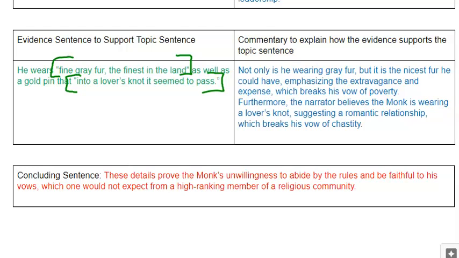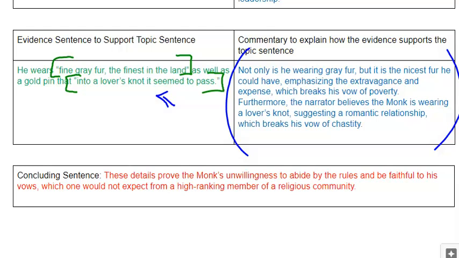I have my own sentence with the evidence embedded into it. And then here's my commentary that explains how this proves. So not only is he wearing gray fur, but it is the nicest fur he could have, emphasizing the extravagance and expense which breaks his vow of poverty.